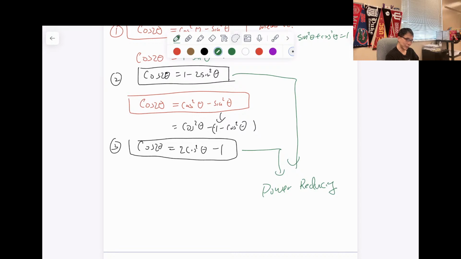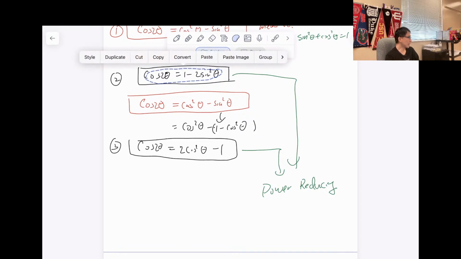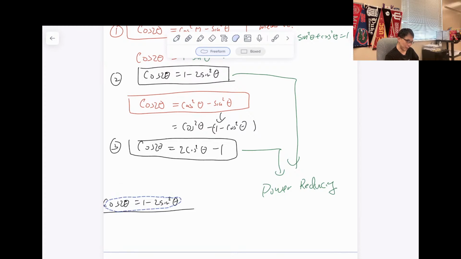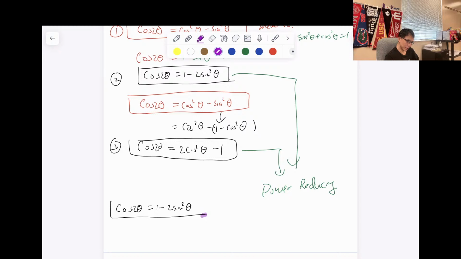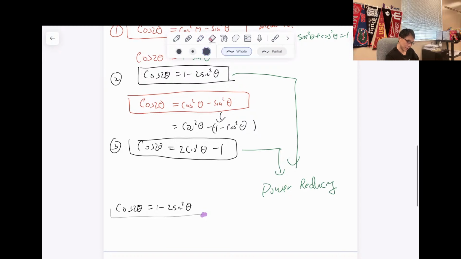So I'm going to copy this, because your angle has sine squared by itself, and paste it here. I say, what if I just get this?